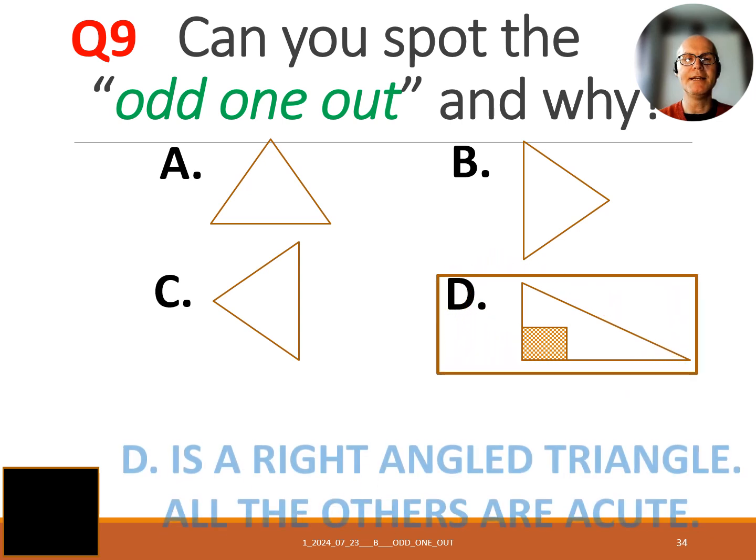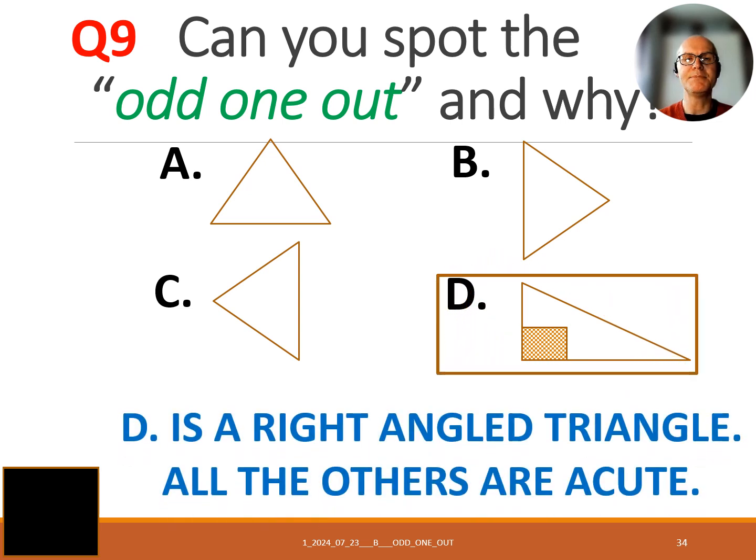It's D, and the reason it's D is because it's a right-angled triangle, demonstrated by this chevroned square here in the corner, the 90-degree angle. All the others, A, B and C, are acute triangles, which means that they've got 3 angles less than 90 degrees.